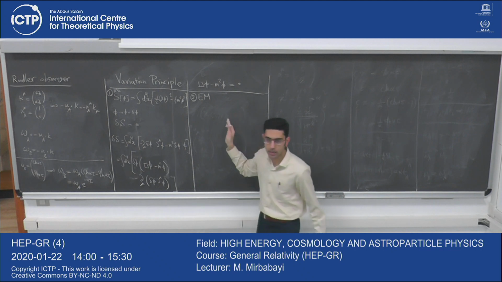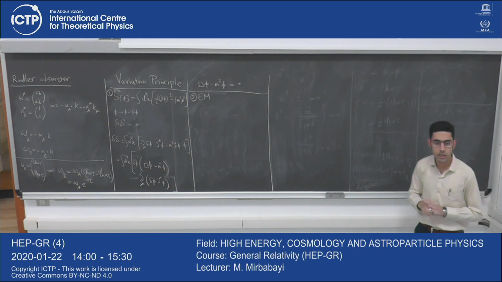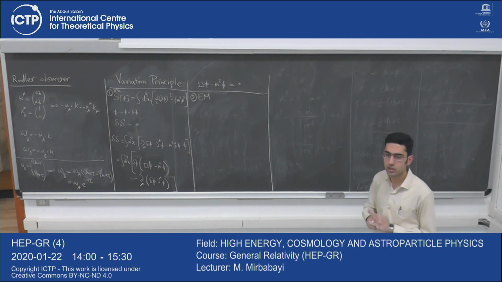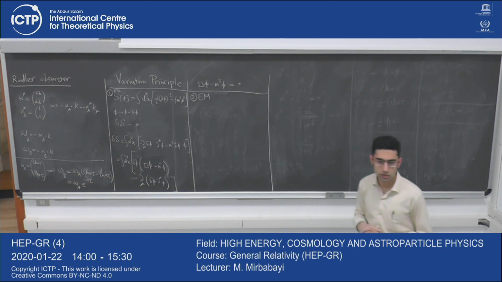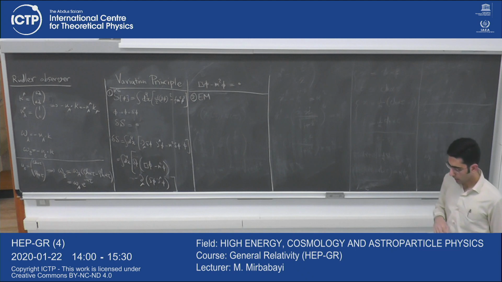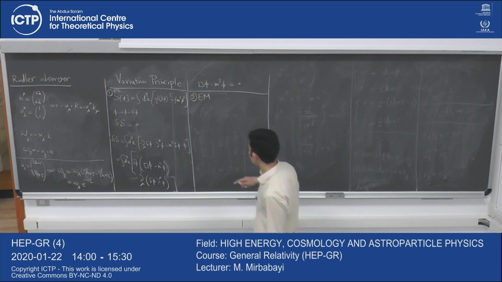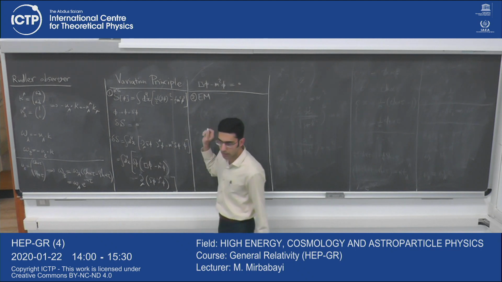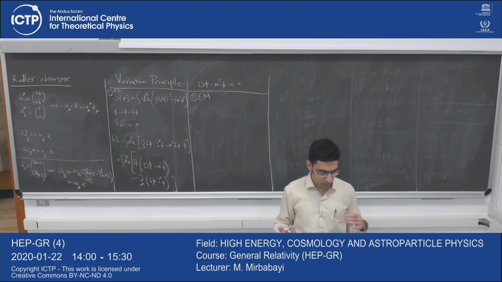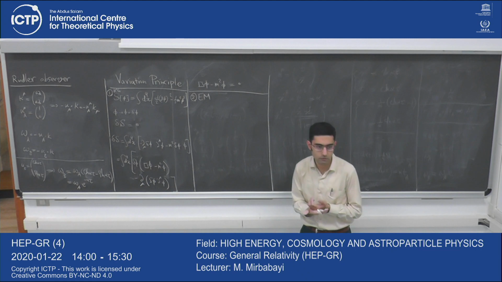Well, in the case of electromagnetism, in the case of the Maxwell theory, we can similarly derive Maxwell's equations from the variation of an action, which is written for the 4-potential A_μ. So the Maxwell theory was originally formulated in terms of electric and magnetic fields.